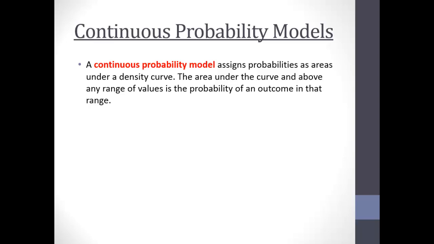So it assigns probabilities. Again, we can't list out all of the possibilities like we did before, and so we therefore also cannot list out the probabilities for all of our events happening. So instead, we'll use the idea of a density curve to describe these things, keeping in mind that area is going to correspond with probability, or proportion is going to correspond to area.